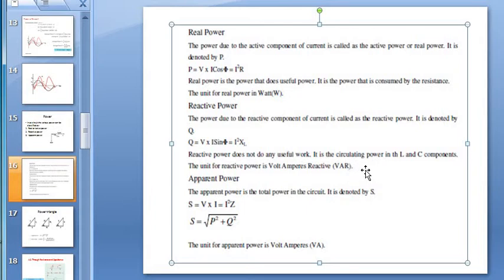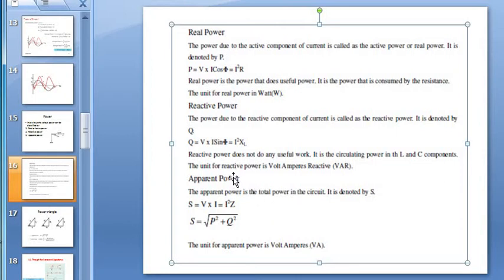While checking the paper, we have observed that whenever power is asked, students blindly write the unit watts. But do remember, from here onwards, for real power you have to write watts. For reactive power you have to write VAR, volt ampere reactive. For apparent power, the unit is volt ampere.